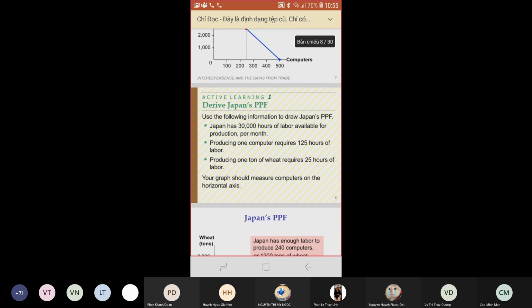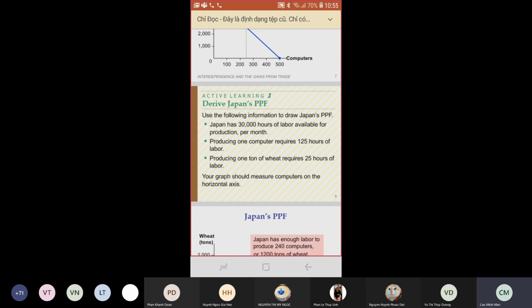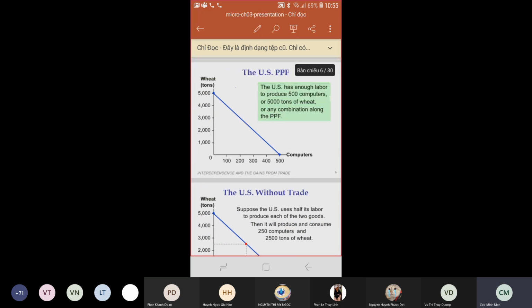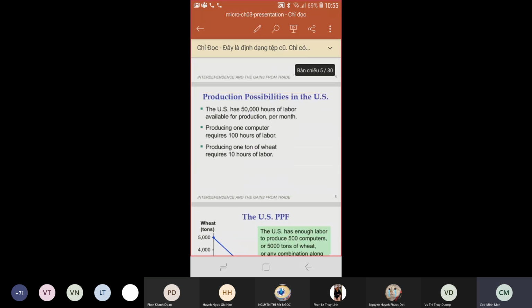And Japan. The reason why I asked you to remember, Japan spends up to 25, and up to 125 labor hours in order to produce a ton of wheat and one computer. Do you see that? That means the US spends lower cost in producing a ton of wheat and a computer in comparison with Japan.